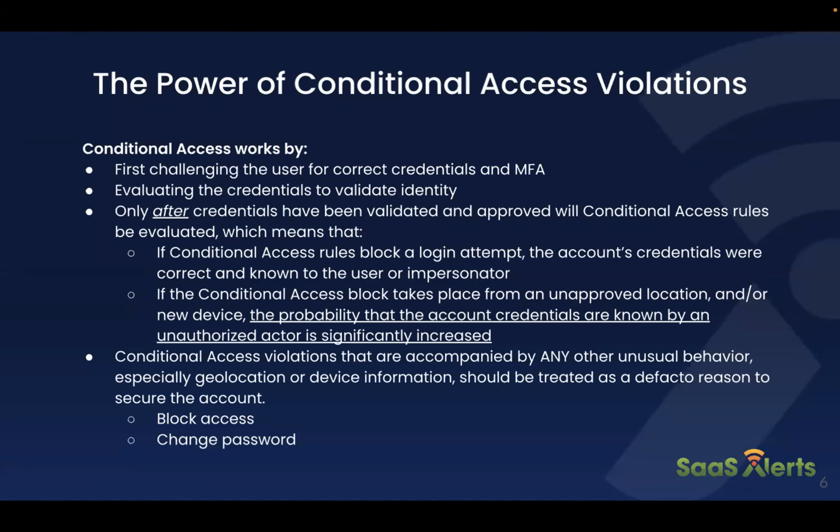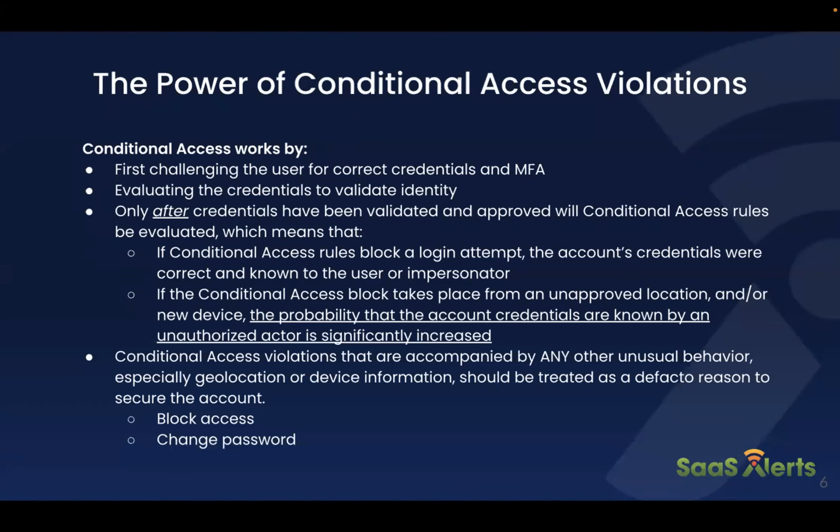After it evaluates the credentials, and only after, does it look at the conditional access rules and say, okay, what is this person that we've now validated? What are they allowed to have access to? If conditional access blocks a user based upon its secondary set of rules, let's just say it's geolocation in this case, what that means is the username, password, and MFA have all been passed.